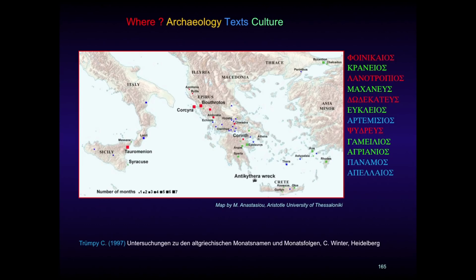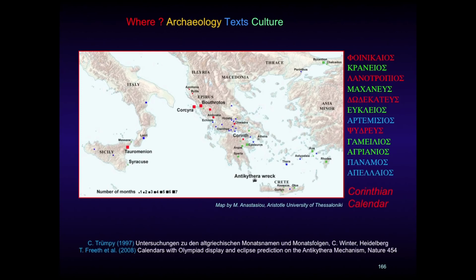But 4 of the months in red there were exceptional months. They were rare months, and they came uniquely from the calendar of Corinth or Corinth's colonies in northwestern Greece or in Sicily. And so this established that the calendar was a Corinthian calendar.